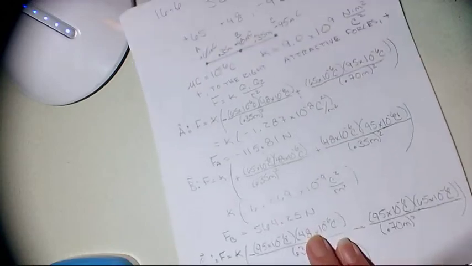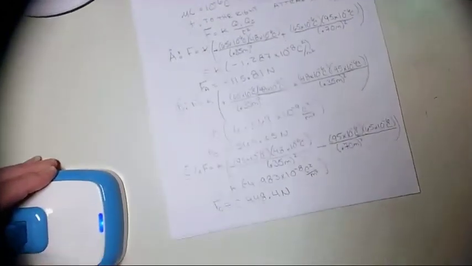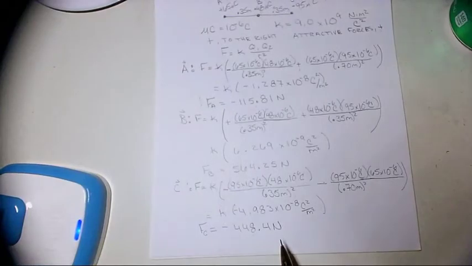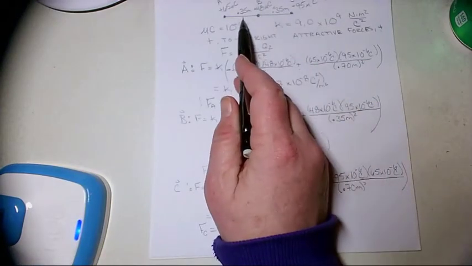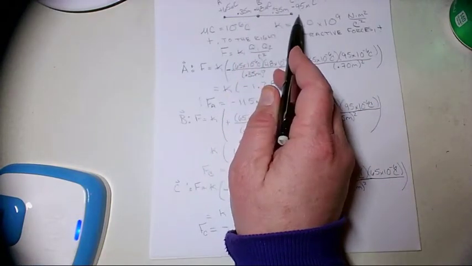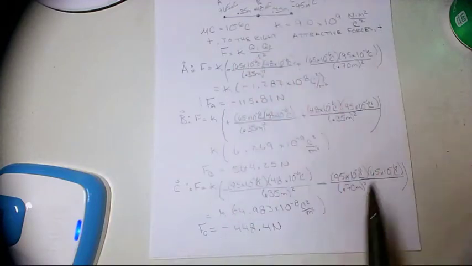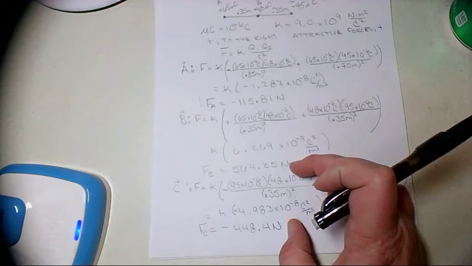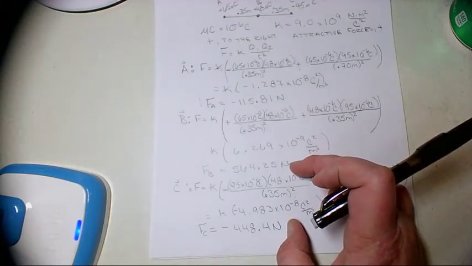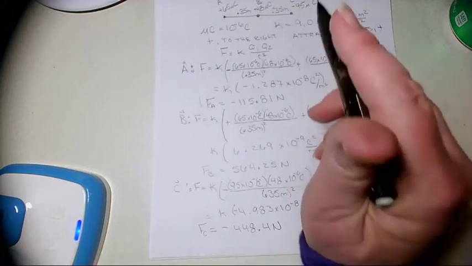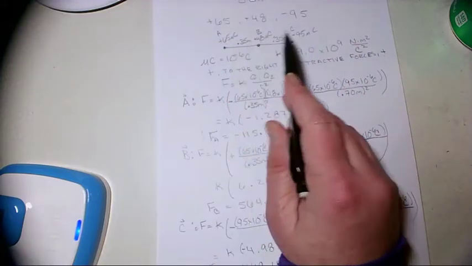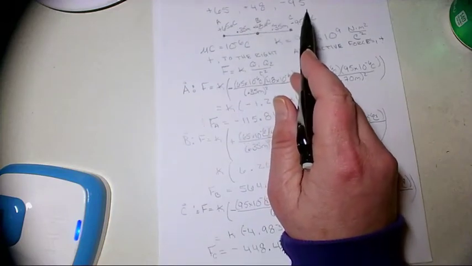So what does this tell us? Let's see if we can see it all in one spot. So two attractive forces on this negative charge don't have the same magnitude as being pushed and pulled simultaneously. So remember, this 48 is being pushed by the 65 and attracted by the 95.